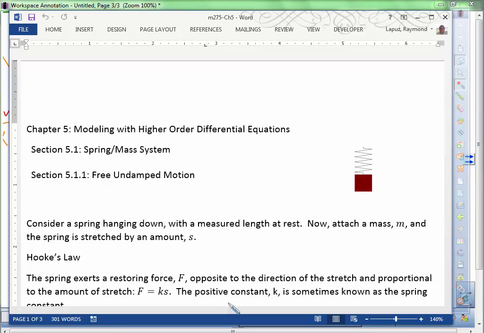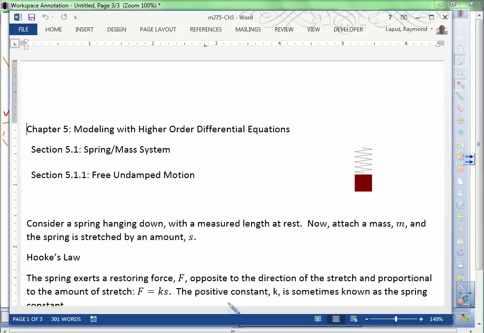So let's take a look at some of the spring problems that they have here. They broke it down into subsections. Section 5.1 is broken up into 3 subsections, 5.1.1, 5.1.2 and 5.1.3. Each of those kind of focuses in on a particular type of spring problem.